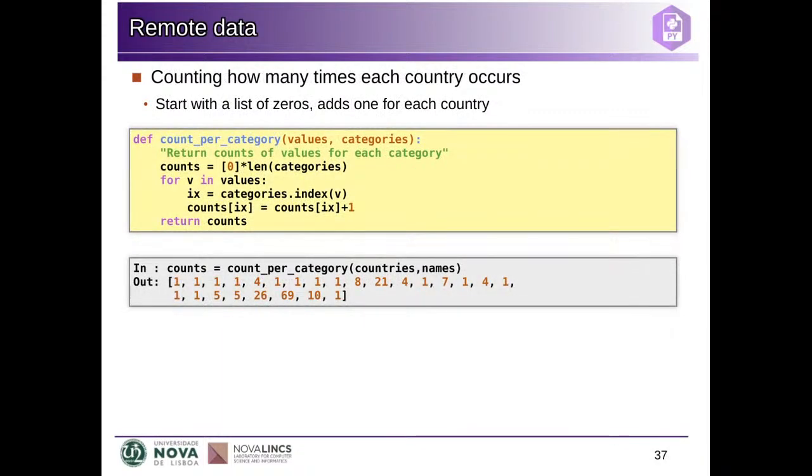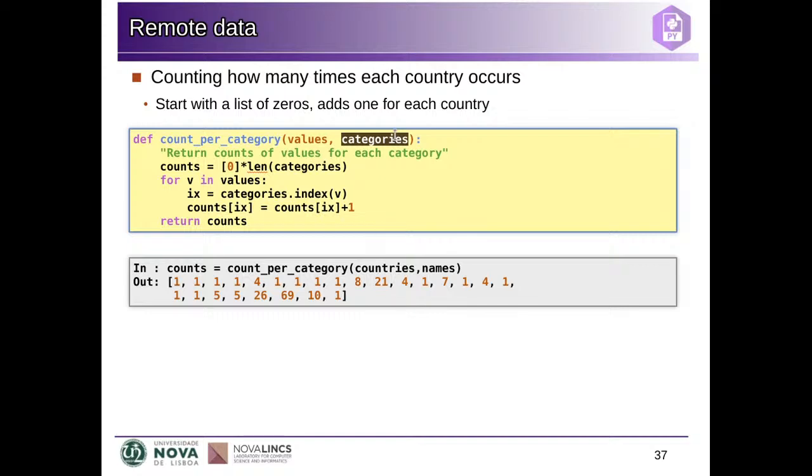So now we want to count how many we have of each country. Well, actually, we can generalize this, and this may be useful not only for countries, but for some general application. And what we want is count how many times these values occur in each of these categories. So we're going to start by creating a list of counters that has as many counters as the categories we have.